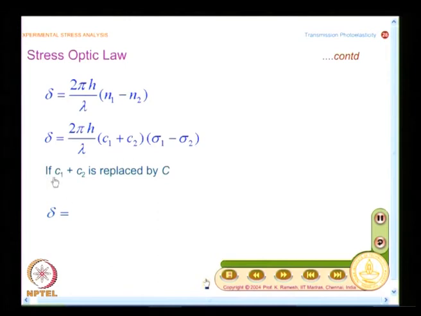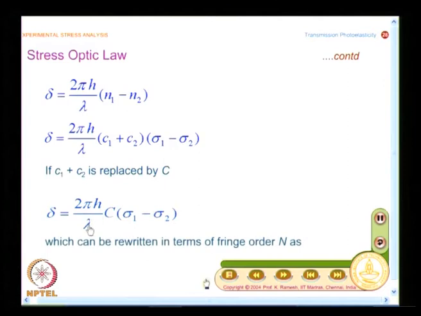For convenience we replace it by another symbol. In order to differentiate it from the velocity of light, we use a capital C. I can recast this equation. So, I have this as 2 pi h by lambda into capital C into sigma 1 minus sigma 2.